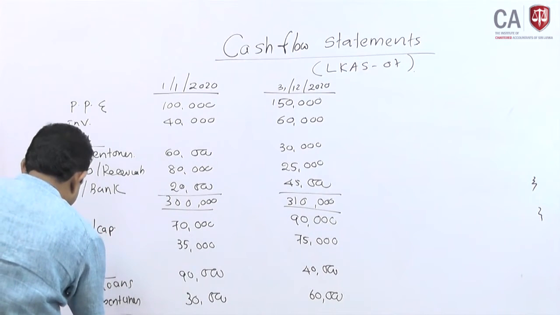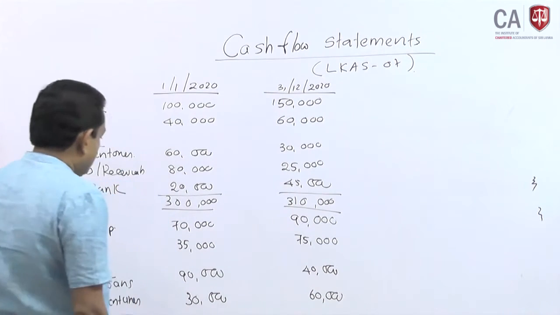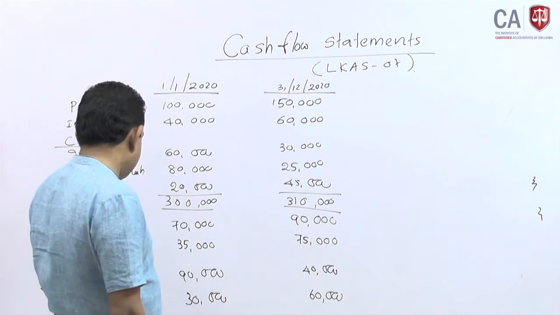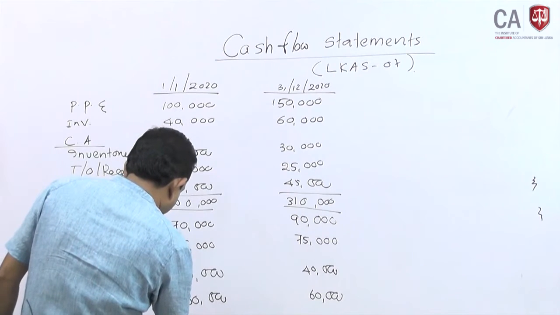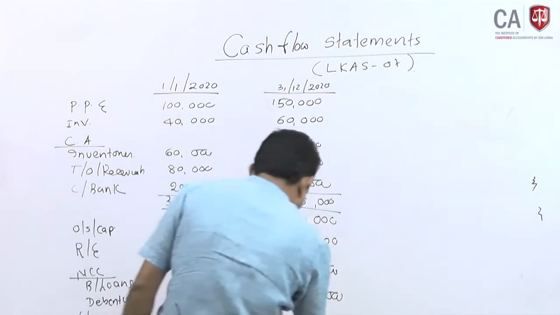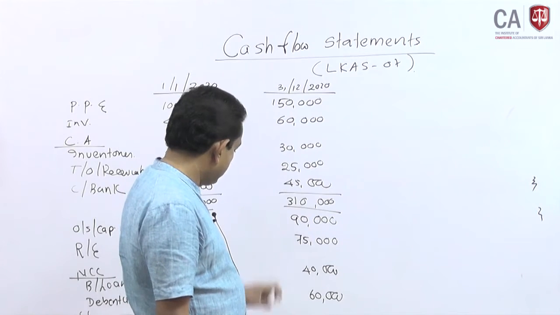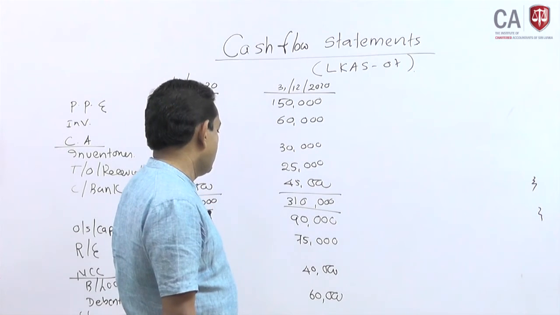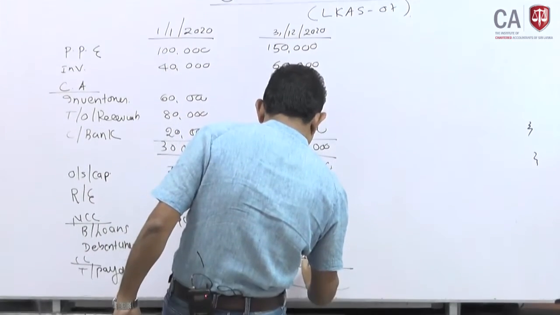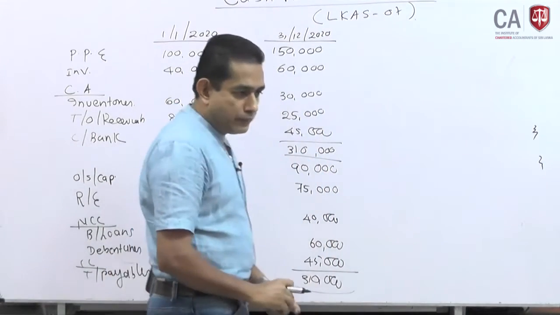Current liabilities, trade payables: beginning balance 75,000, ending balance 45,000. Total 310,000.